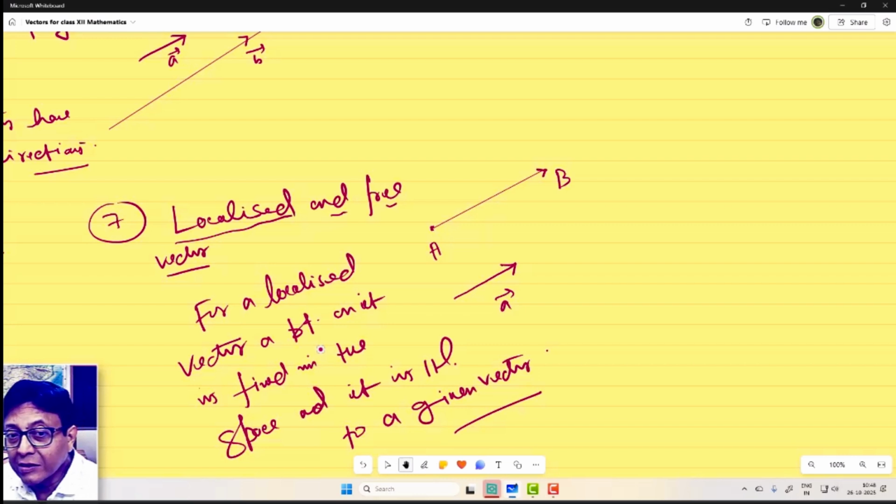If a vector is not localized, with no fixed position and not drawn parallel to a vector, then it is a free vector. Clear? So localized and free vectors you understand.